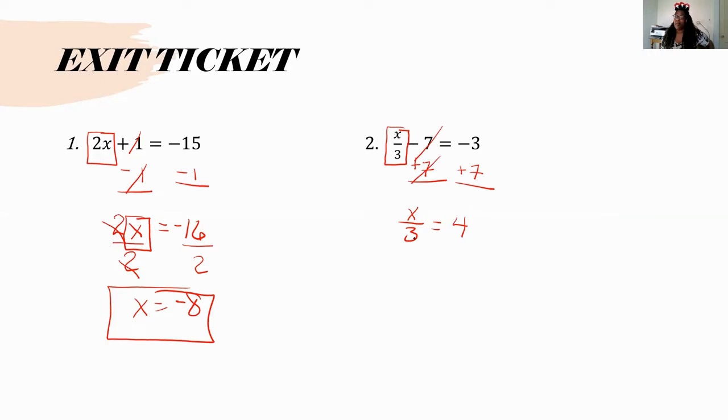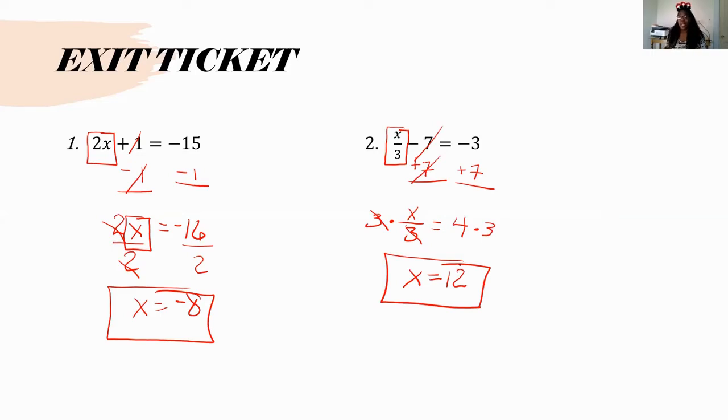A fraction means division, and the inverse of division is multiplication. So we multiply both sides by the denominator, which is 3. Now x is equal to 4 times 3, which gives me 12. So we have our two solutions, negative 8 and positive 12.